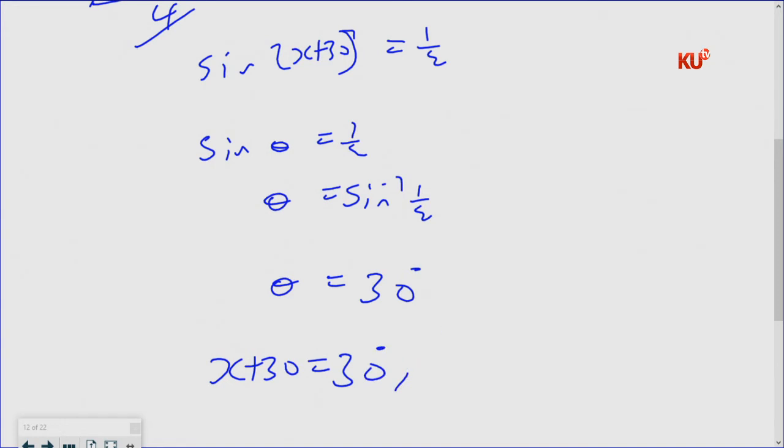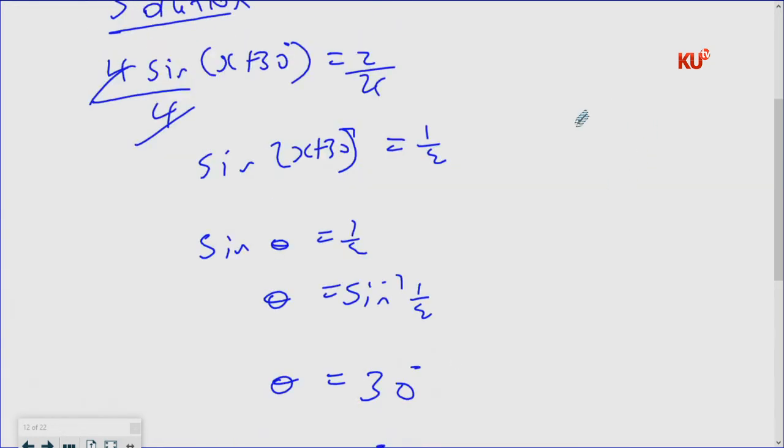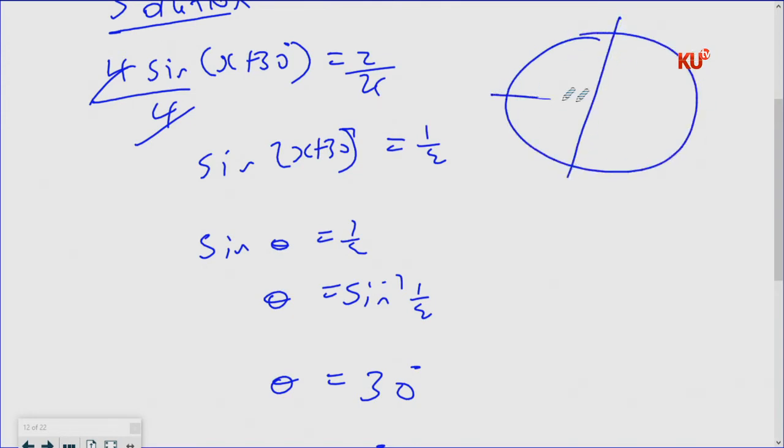How do you get the next angle? To get the next angle, you'll go back to the unit circle. Here we have the x-axis and the y-axis. You remember, all students take chemistry. This is the first quadrant, the second quadrant, the third quadrant, and finally the fourth quadrant.